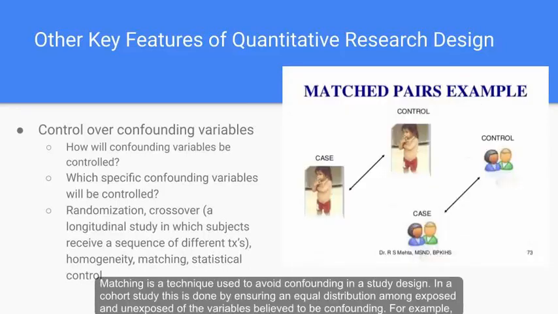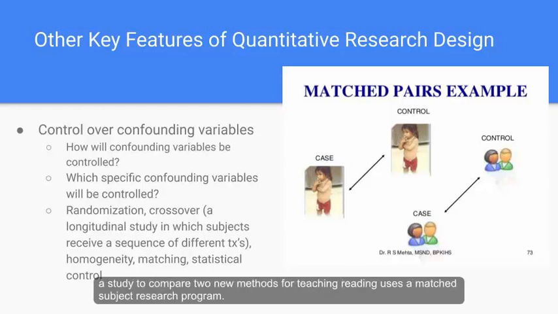Matching is a technique used to avoid confounding in a study design. In a cohort study, this is done by ensuring an equal distribution among exposed and unexposed of the variables believed to be confounding. For example, a study to compare two new methods for teaching reading uses a matched subject research program.